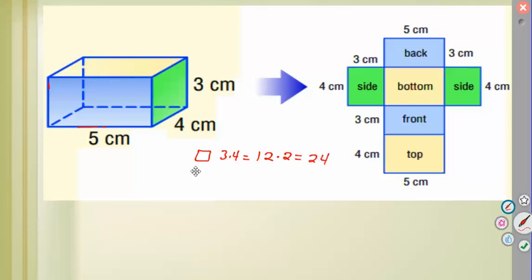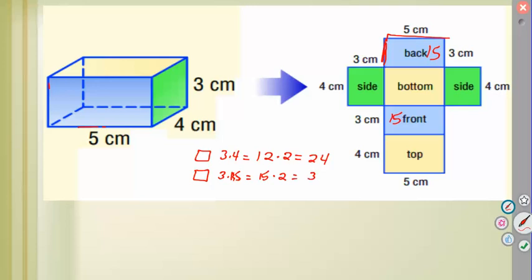Then the next one, I'm going to look at the light blue here. My light blues are going to be 3 by 5. Oops, sorry, I was ahead of myself. It's 15. But if this is 15, I have 2 of them, so I'm going to multiply it by 2.